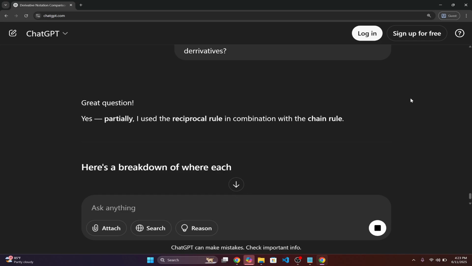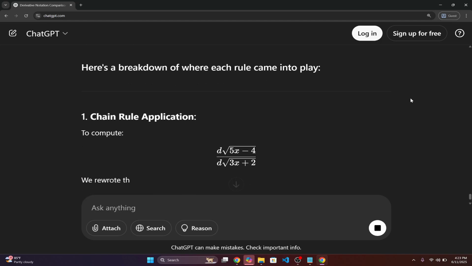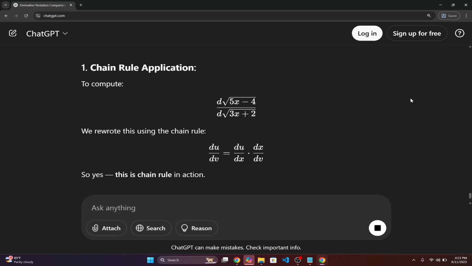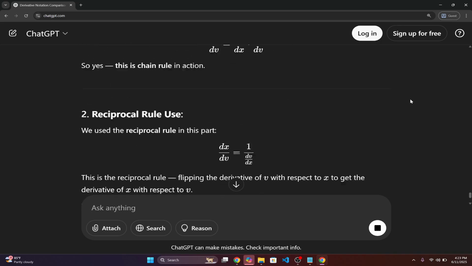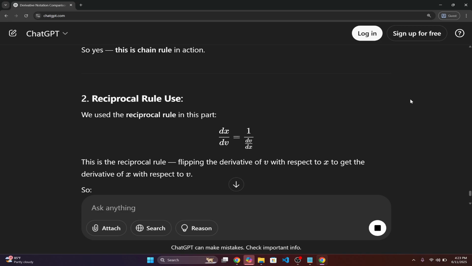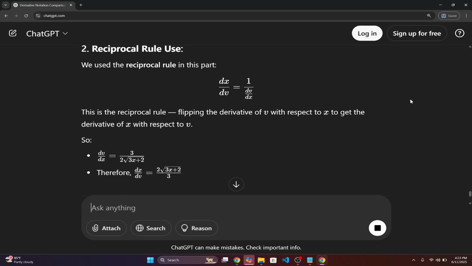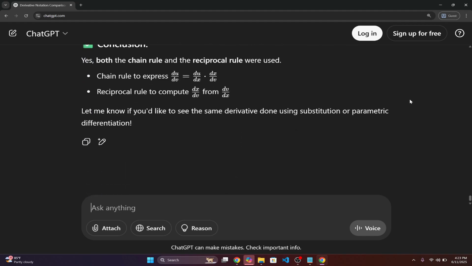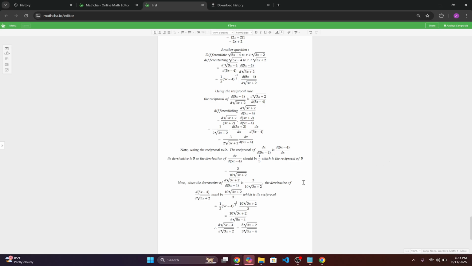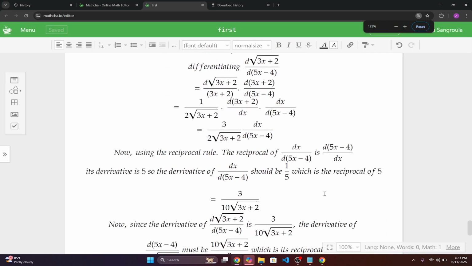Yes, I partially used the combination. Compute. Okay, then I think it did use the chain rule. So it's also pretty good.